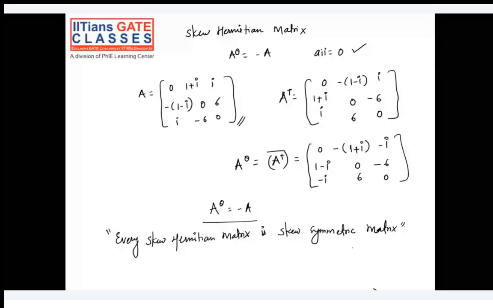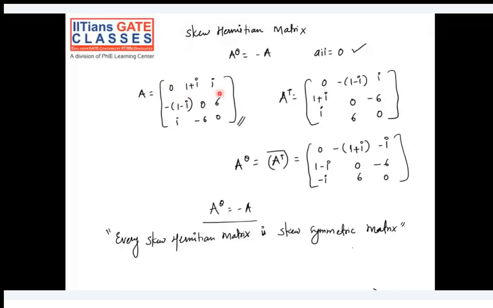Let's take an example here: 0, 1 plus i, minus of 1 minus i, 0, 6, i, minus 6, 0. If you take a transpose of it, the rows will become columns.